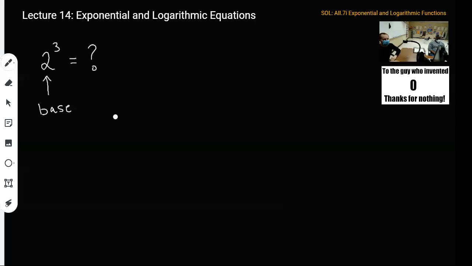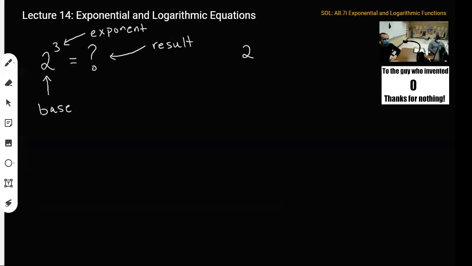And then the power it's being raised to, the 3, is called the exponent. And then the number over here, what we get when we take 2 to the third power, is going to be called the result.